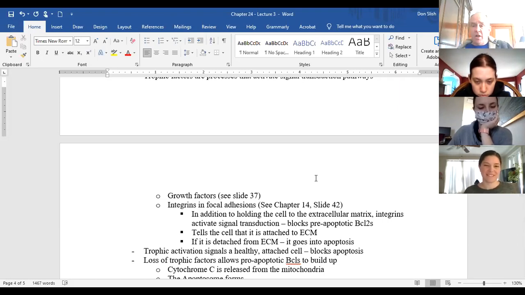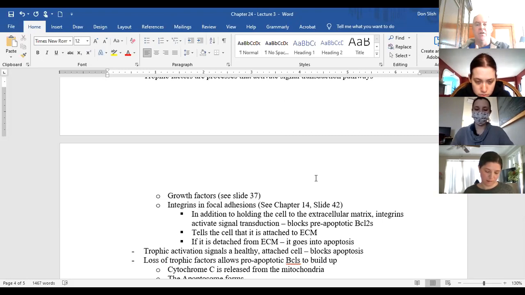Okay, so here's why that is. We'll talk about this again in the next chapter on cancer. If a cell is in a tissue, then it's probably okay. But if you've got a cell like an epithelial cell that's no longer attached to a tissue, something's wrong. It should be attached. And cancer cells are known for letting go and not being attached to things. So this is like a backup plan. If those integrins are no longer attached to extracellular matrix, the cell dies. If the cell is no longer in communication with other cells through signal transduction, it dies.